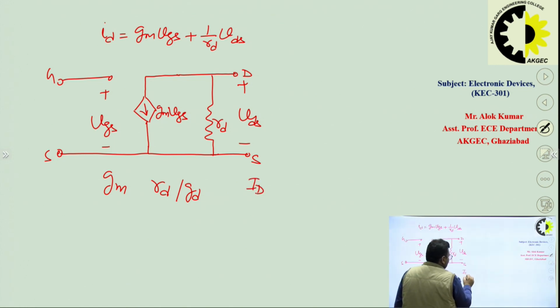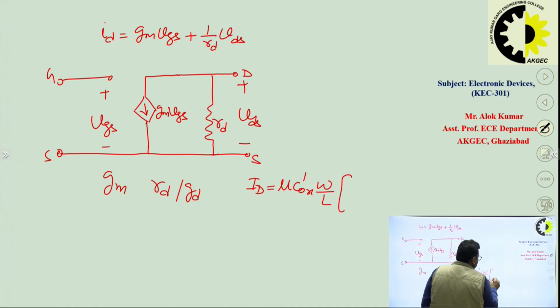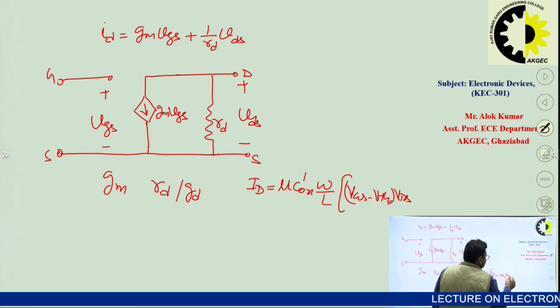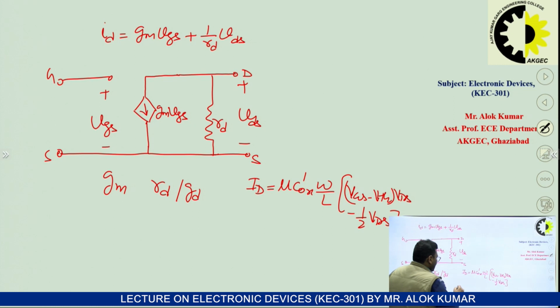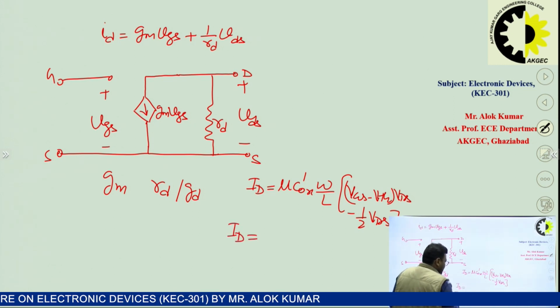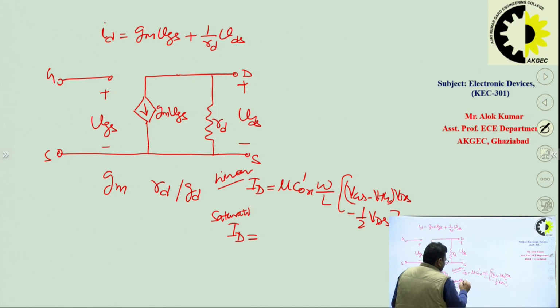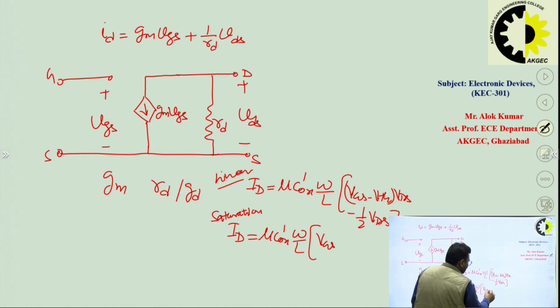For the linear region we have derived ID is equal to mu into COX prime into W by L into VGS minus VTH into VDS minus half of VDS squared. And for the saturation region, ID was mu into COX prime into W by L into VGS minus VTH whole square divided by 2.